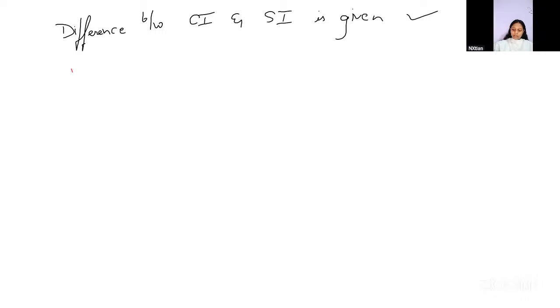Difference is equals to principal into rate upon 100 raised to the power n.